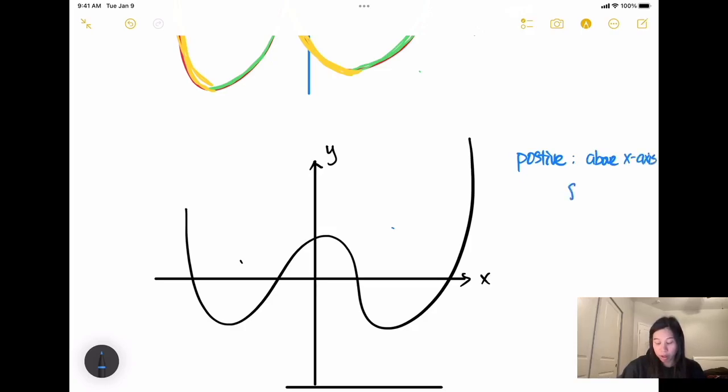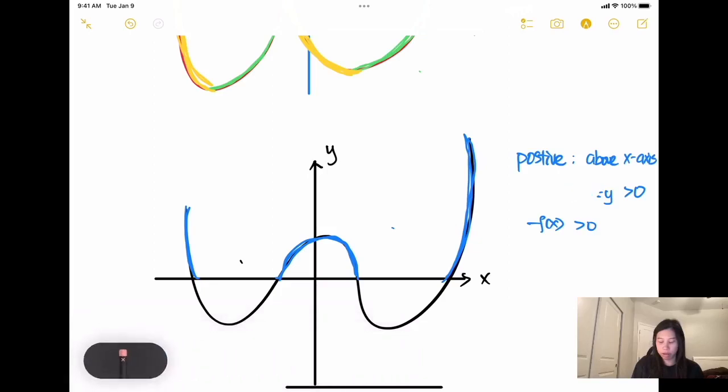So that means the value of f(x), or y, is greater than 0. Where is it above the x-axis? This part, the highlighted blue part. That's when the function is positive. That means the value of f(x), or y, is greater than 0.